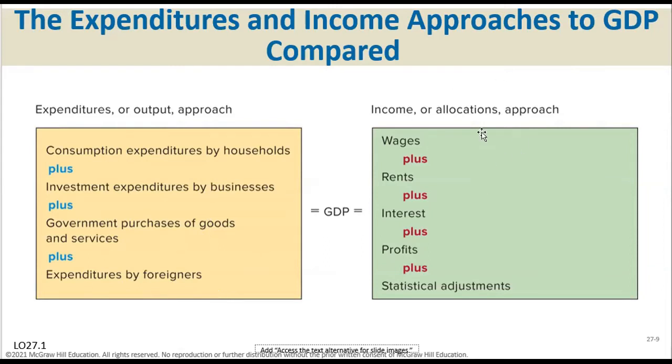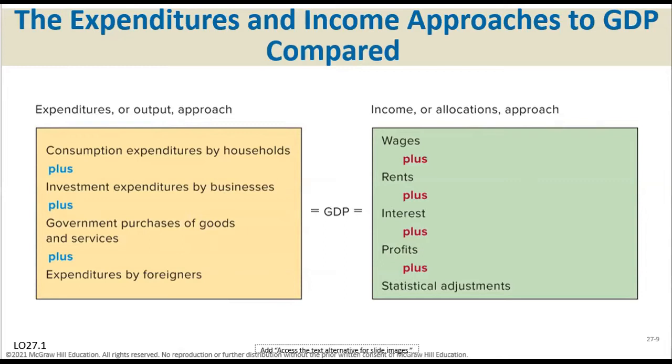On the other side, you have the income or allocation approach that accounts for all the income that was derived from the production of the good, right? Those are all the incomes used in different inputs to be able to create or produce the good. The biggest one is wages, and under wages you have salary.